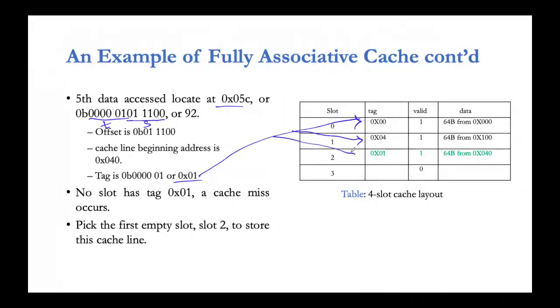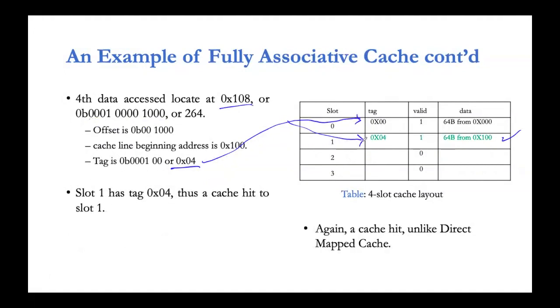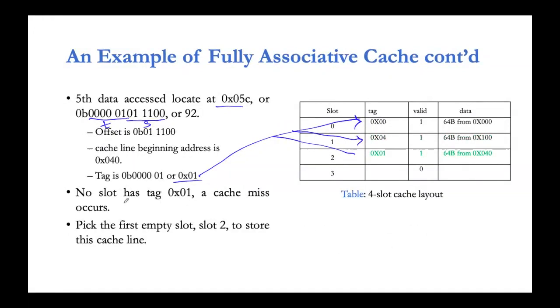The already existing tags are not matching, so no slot has tag 01, and a cache miss occurs. Pick the first empty slot, that is slot 2, to store the cache line of 64 bytes from this address.